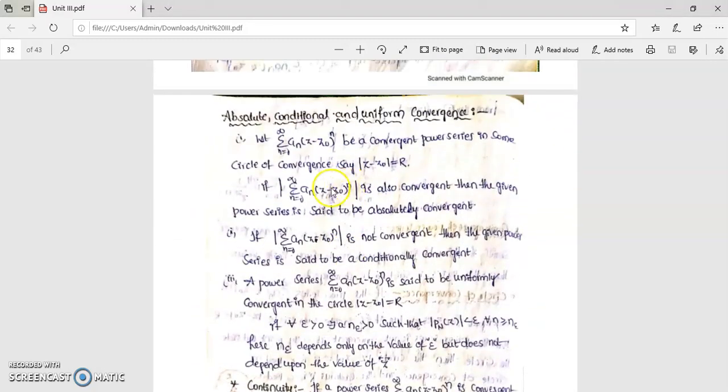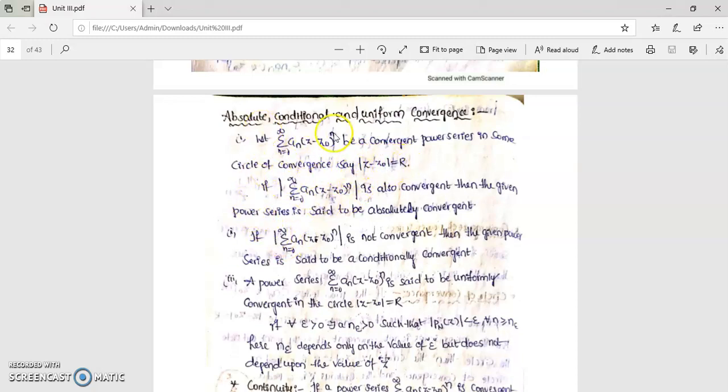Next, the topics are absolute, conditional, and uniform convergence. Let the series, summation a_n (z - z0)^n, be a convergent power series in some circle of convergence, that is, the circle mod z - z0 = r.